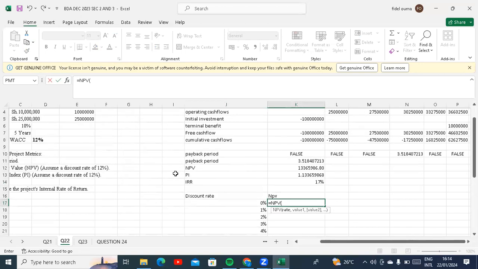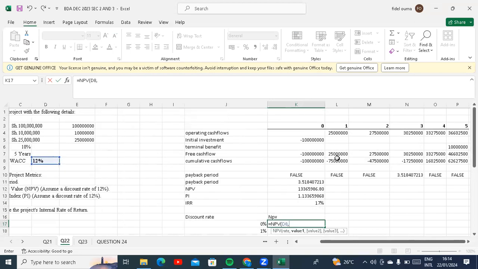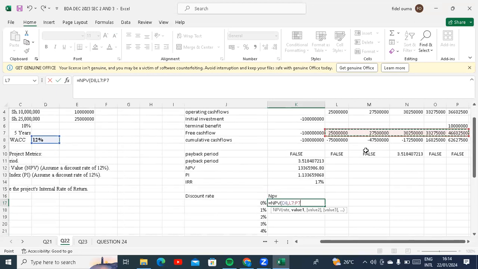The rate still is 12%. That's what we are going to use. Then comma, I'll select all through from year 1, all the way. Then I'll add the initial investment.